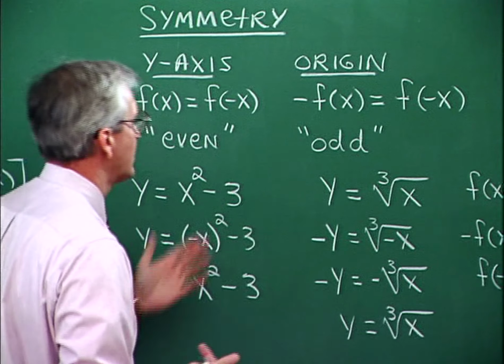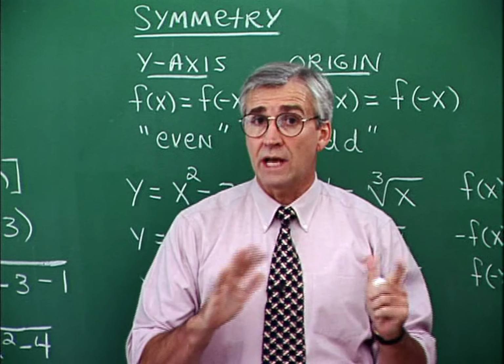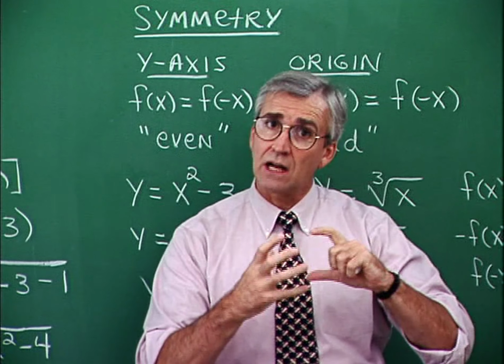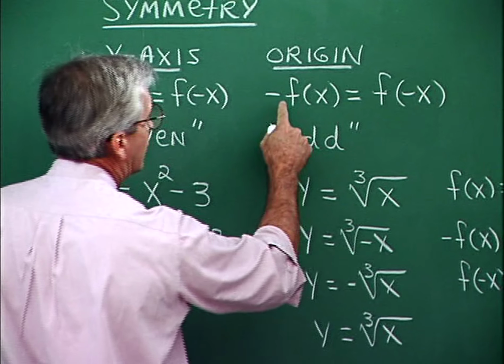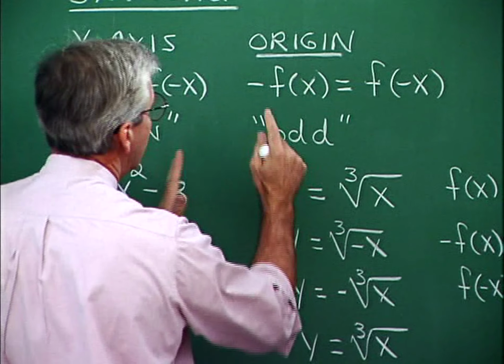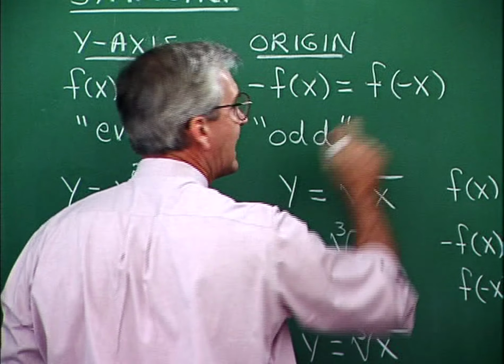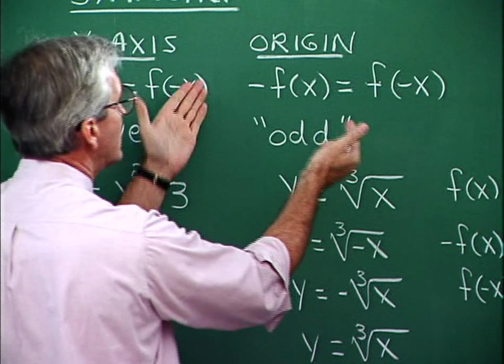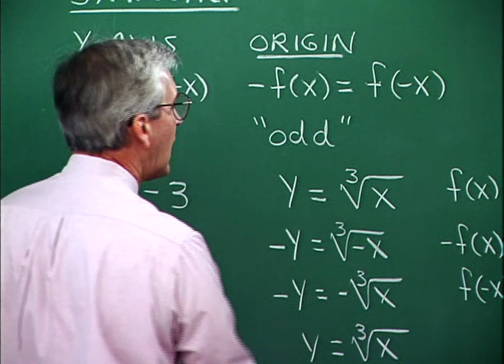An odd function is a function that is symmetric about the origin, and the notation for that and the check for it can be illustrated like this. Given a function f, if the negative of f of x is equal to f of negative x, then we have this symmetry about the origin, and the function is said to be odd.